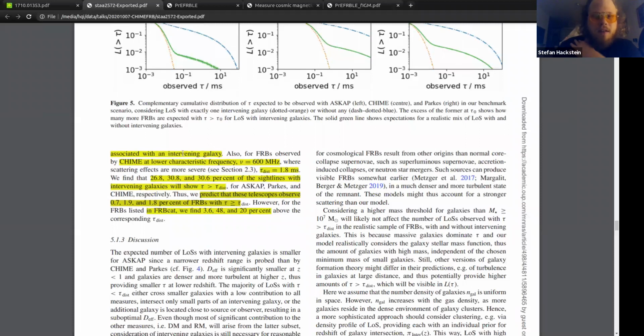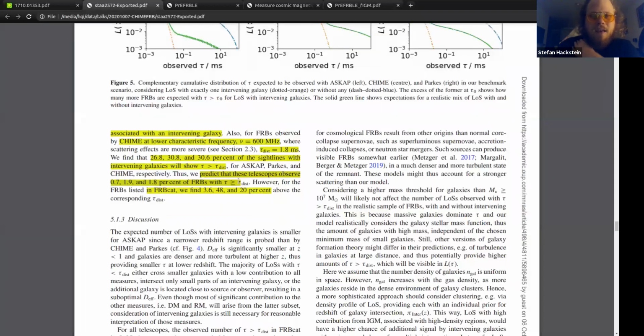Taking this as a very strict difference, being sure that all temporal broadenings above this value are sightlines with intervening galaxies, we predict that about 30% of all sightlines with intervening galaxies will be identified. All of the rest show temporal broadening below this, though there is an intervening galaxy along the line of sight.